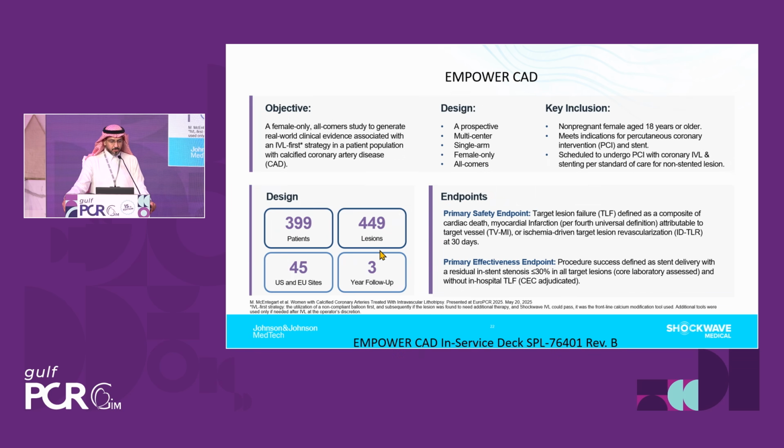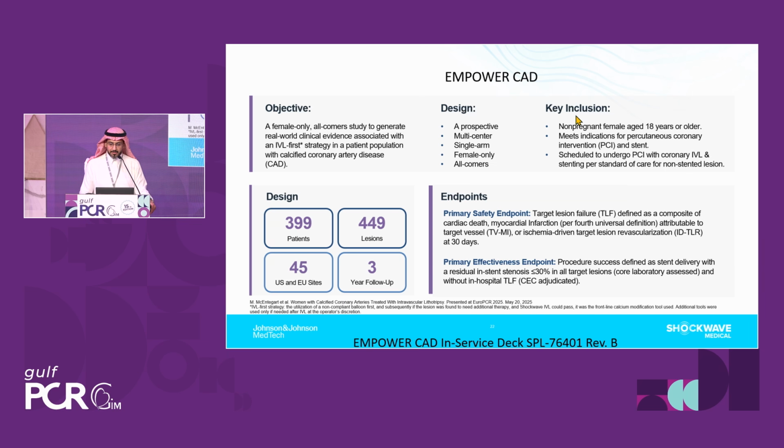So let's go to the Empower Coronary Artery Disease trial. The objective is female only, an all-comers study to generate real-world clinical evidence associated with IVL first strategy in a patient population with calcified coronary artery disease. The design is a prospective multicentric single-arm, female only, all-comers, and the follow-up is for 3 years.